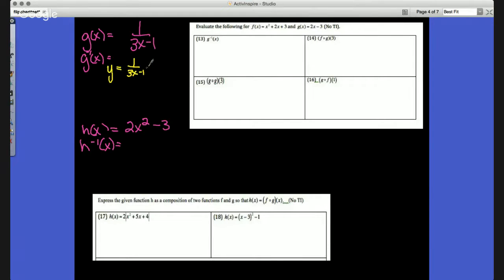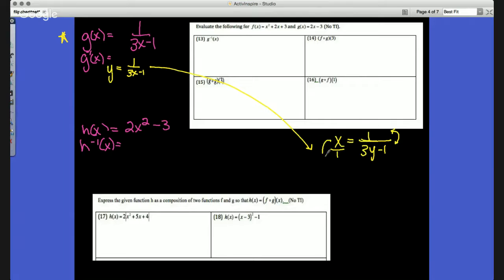Okay, so what we got to do is flip x and y first, okay? So I'm going to actually, for sake of room, pull it over here. So let's go x equals 1 over 3y minus 1. Now, one thing that I like to do is I do not like this y on the bottom. And I'll be honest, this one's probably one of the more difficult ones on the test. In order to get that y to where I could work with it, I like to flip this because I know I want to get y by itself.